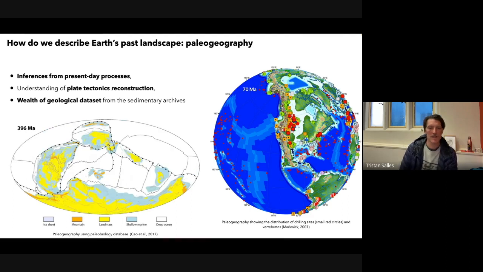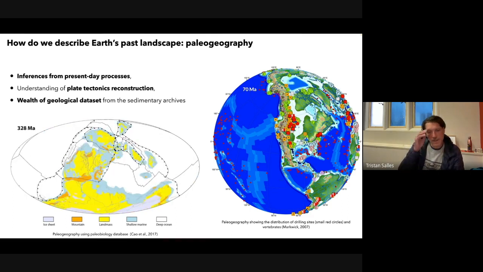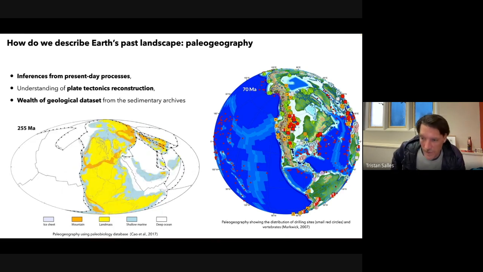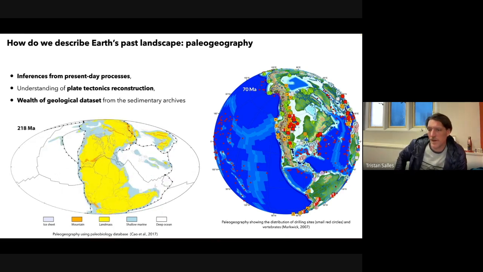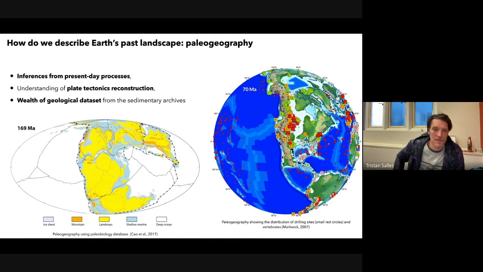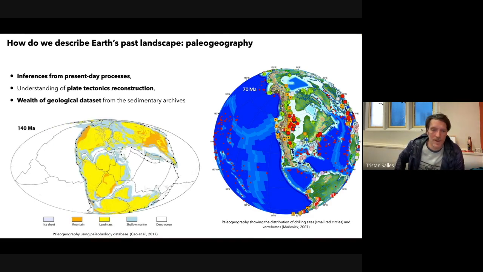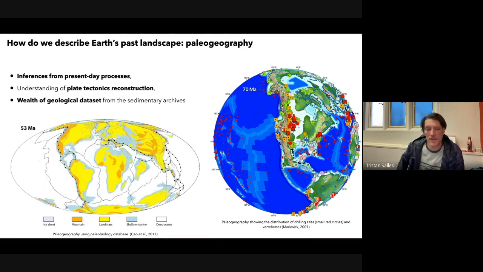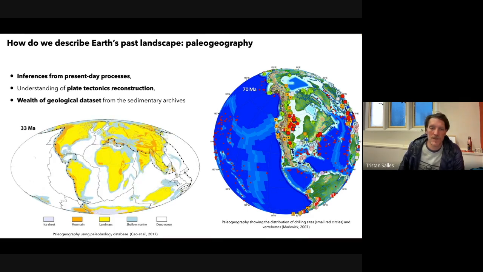And as you can see, this paleogeography is nothing like what you would see if you go on Google Earth today and look at the Earth surface, in terms of resolution and in terms of the variety of landforms that you will find. These paleogeographies are pretty limited.